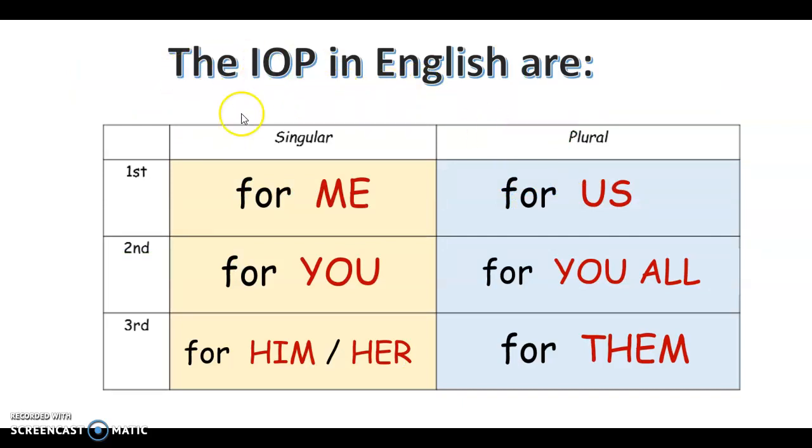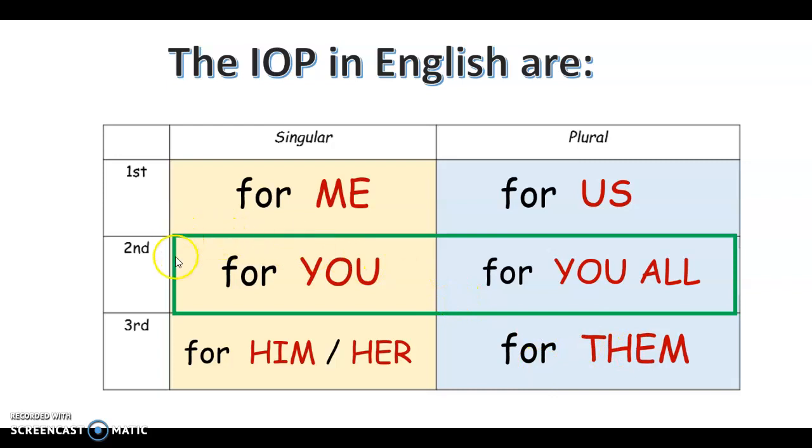In English, here are the object or the indirect object pronouns. We say for me, for you, for him, for her or it, for us, for you all, and for them. Something that's kind of confusing in English is that you and you all can be an object pronoun or a subject pronoun.